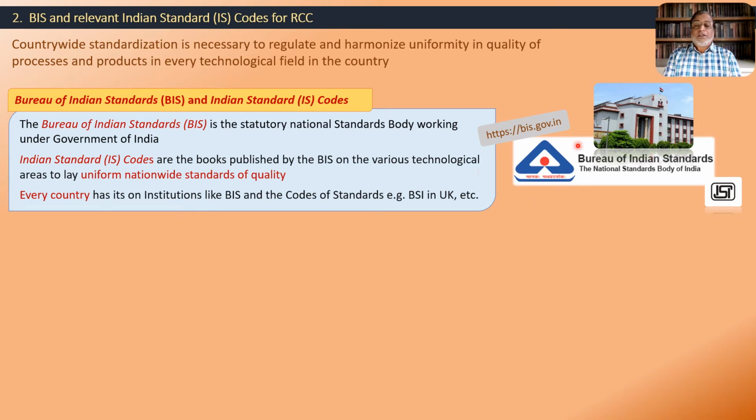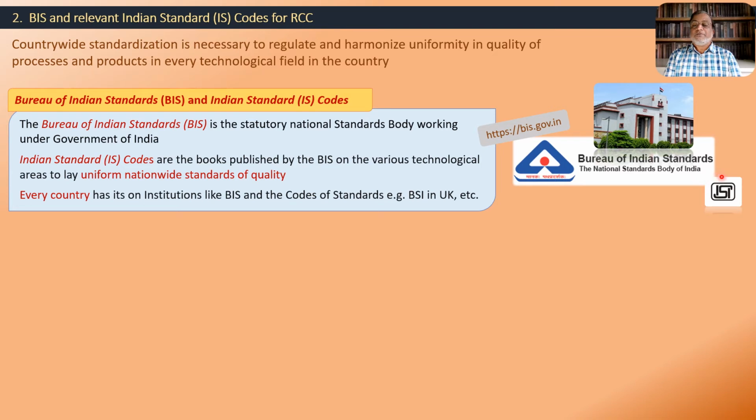This is the logo of BIS, and Manakaha Pathapradarshakaha, a Sanskrit phrase, is the tagline. Here you can see the website address, bis.gov.in, and here you see the ISI mark, Indian Standard Institution mark.